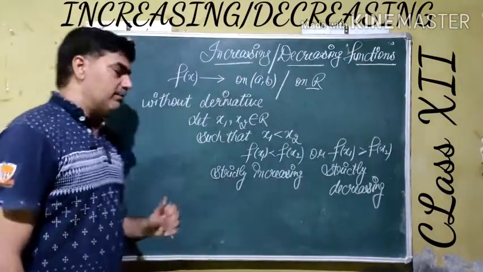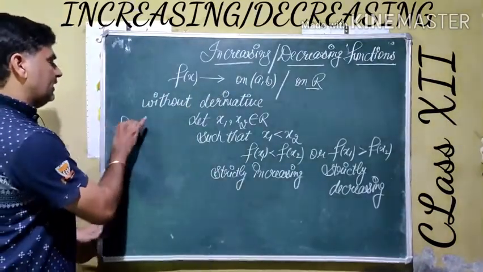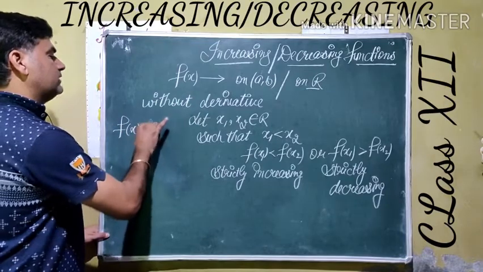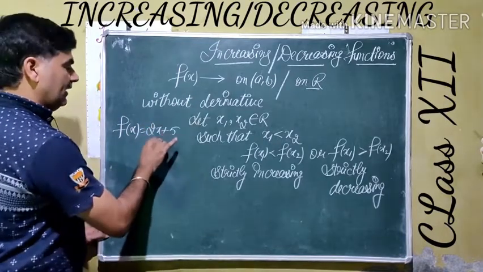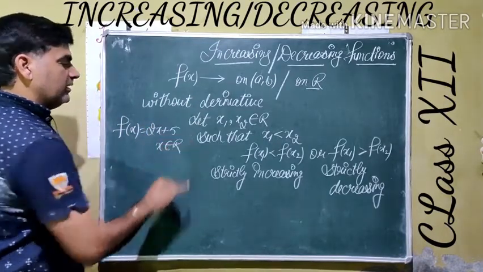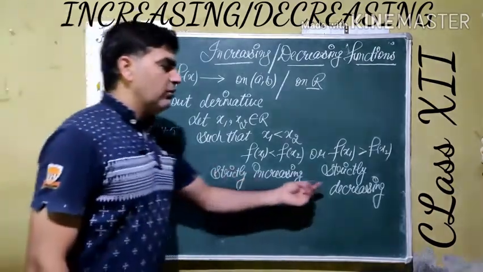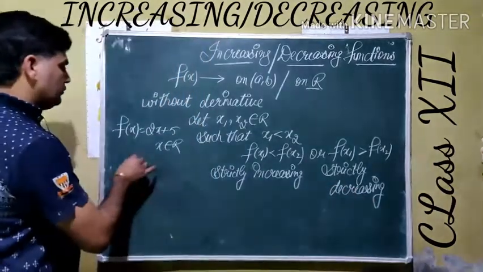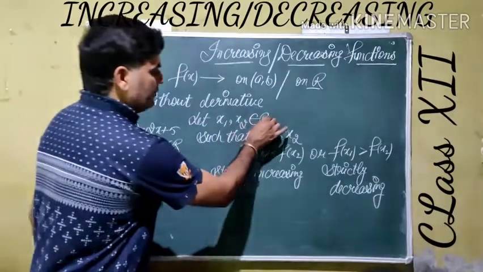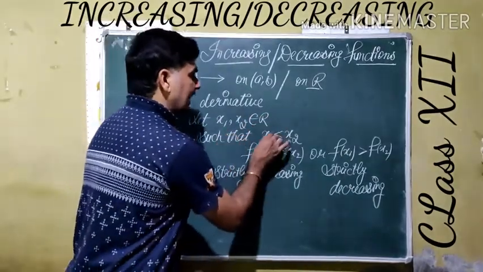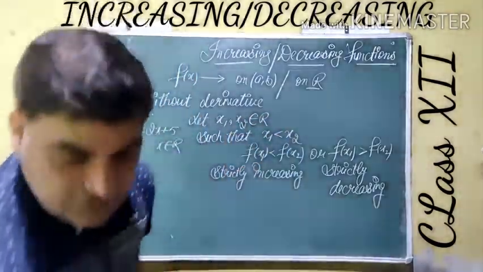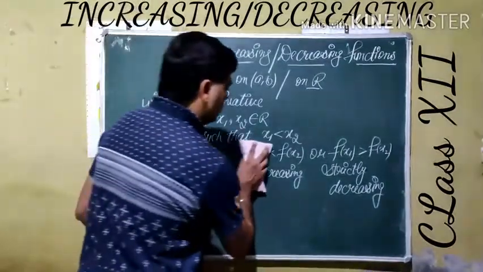Here we take an example: f(x) = 2x + 5, where x belongs to the real numbers. We have to check whether it is increasing or decreasing. In the same way, let x1, x2 belong to the real numbers such that x1 < x2.